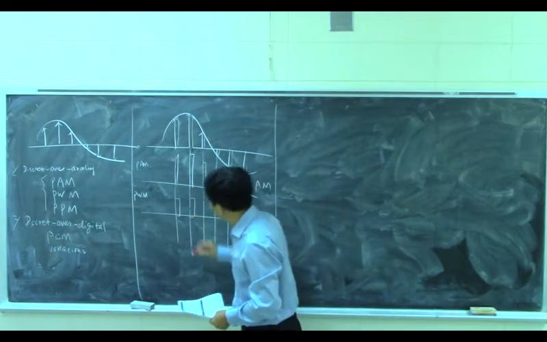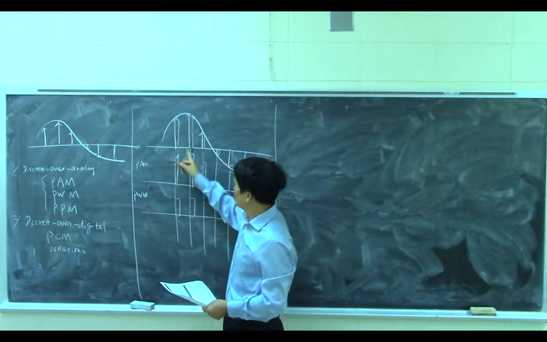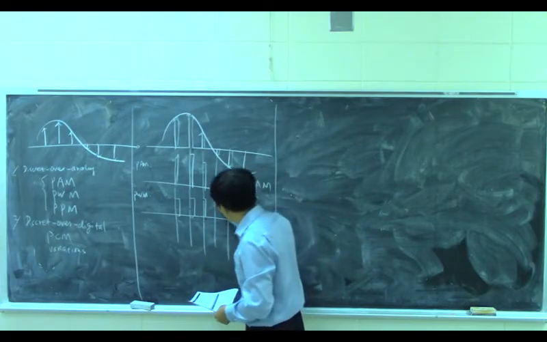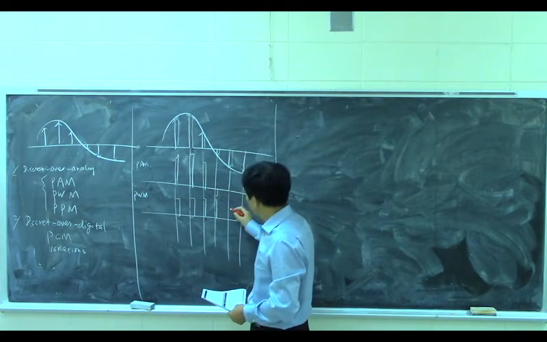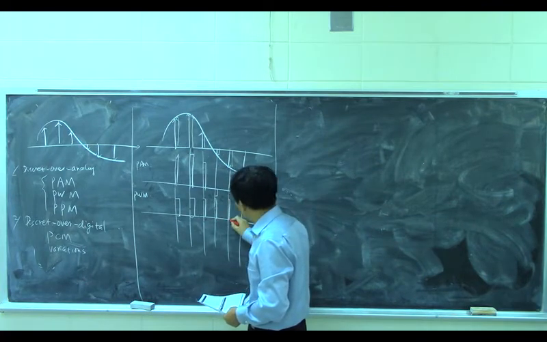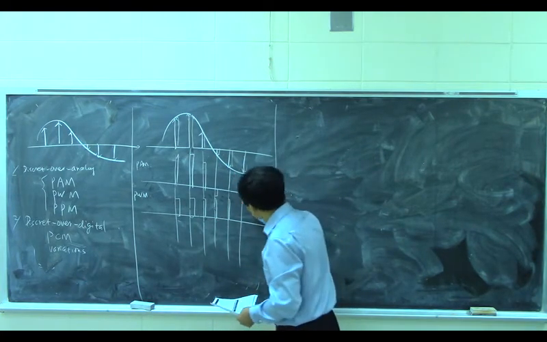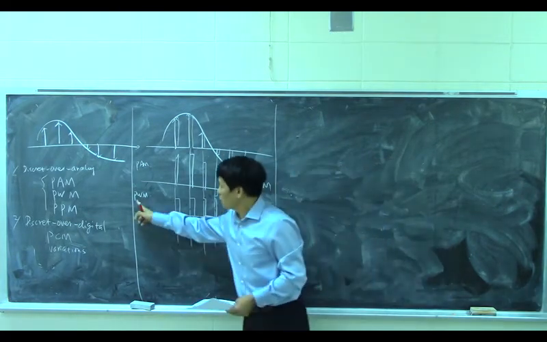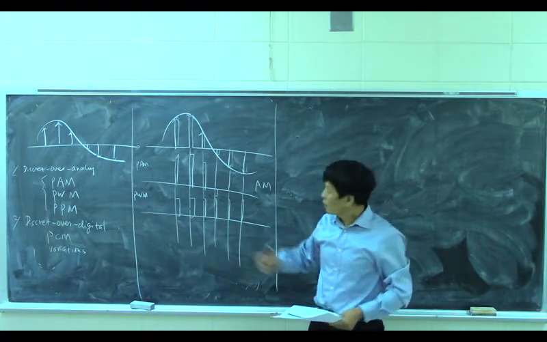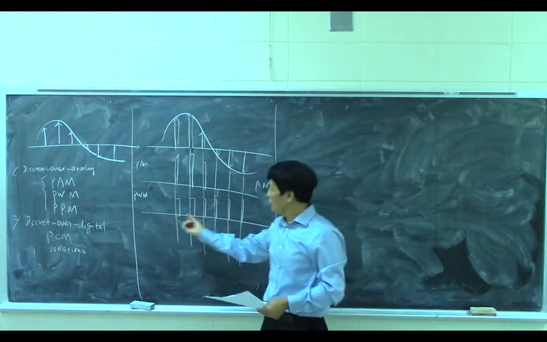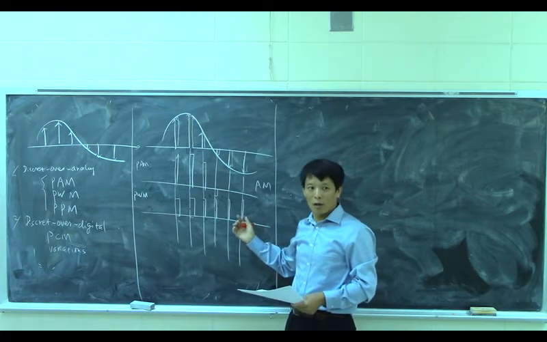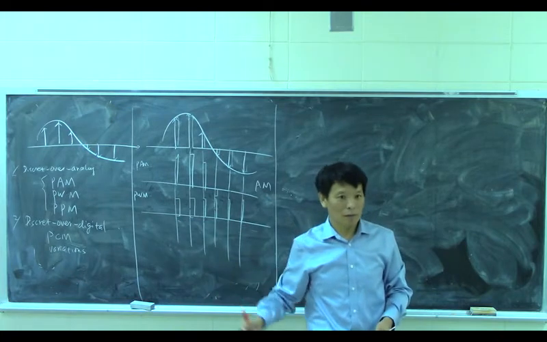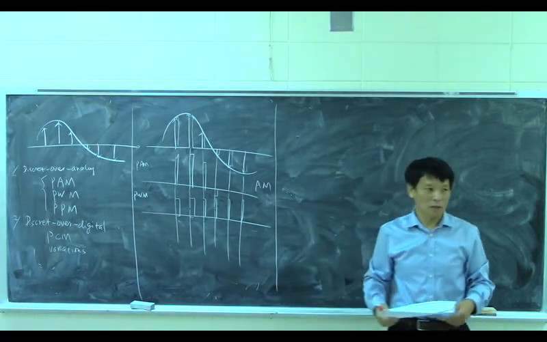And this one is smaller than this, so this width will be smaller. And this one is even smaller. And this one is negative, so then even smaller. And this is even more negative, then this is even smaller. So that is the pulse width modulation. The information of the data is in the width of the pulses. All the pulses have the same height and the same starting edge, but they have different widths.